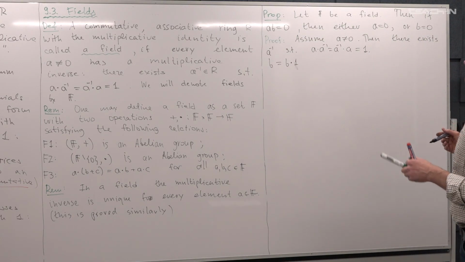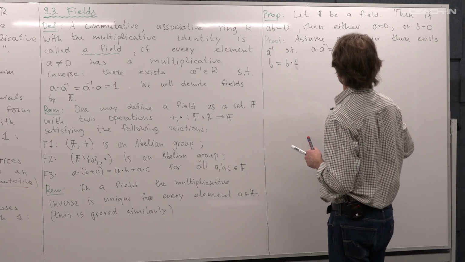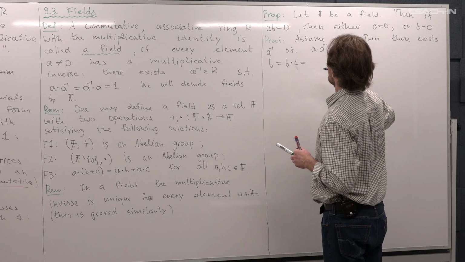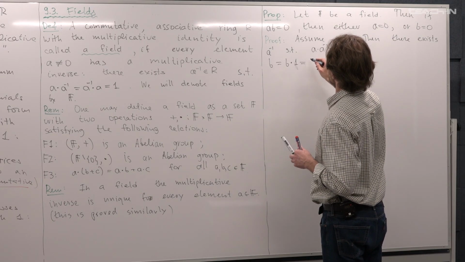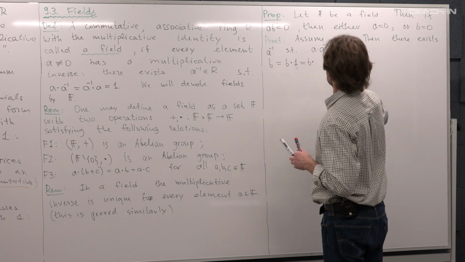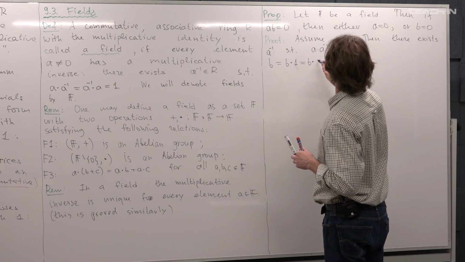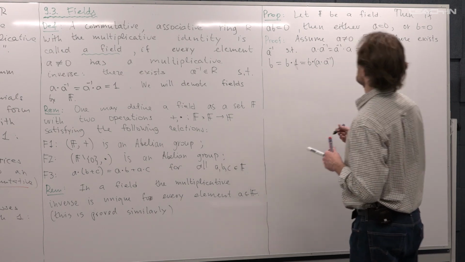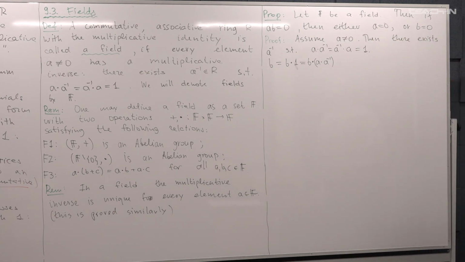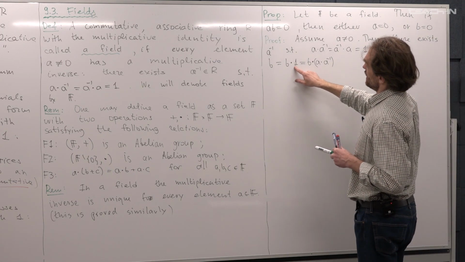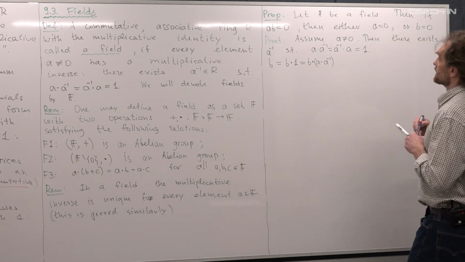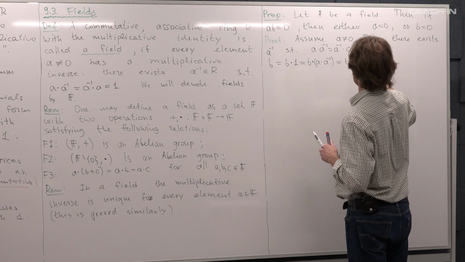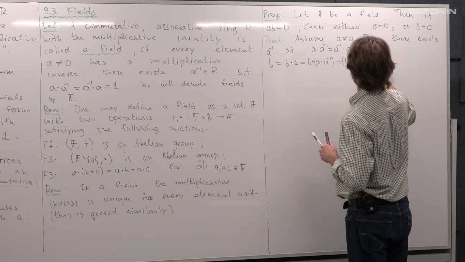This follows from the properties of the multiplicative identity, and so I can rewrite this as b multiplied by a multiplied by a to the minus 1. So this is the way to write down the multiplicative identity, and so this is b multiplied by a to the minus 1 multiplied by a.